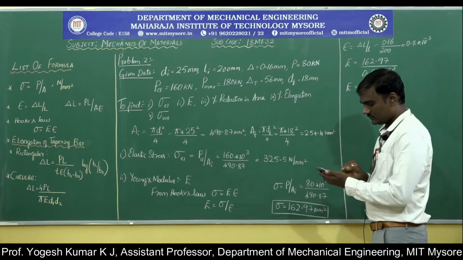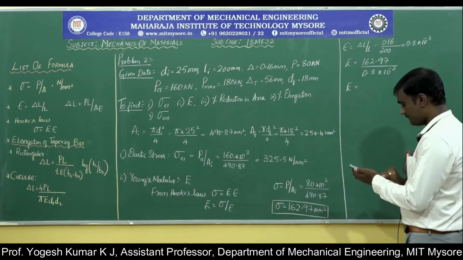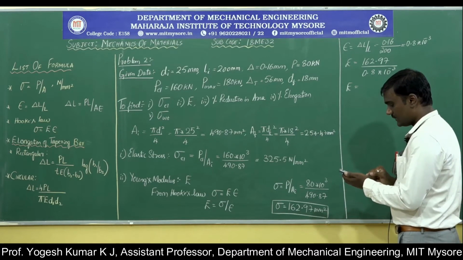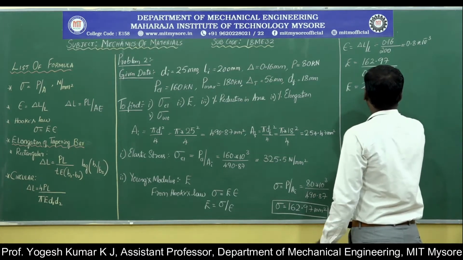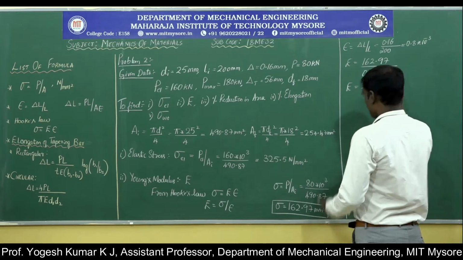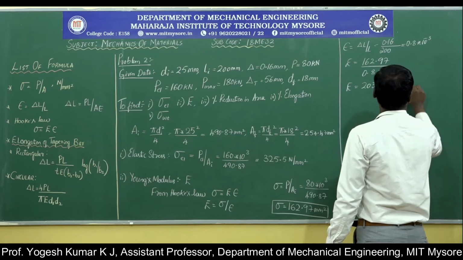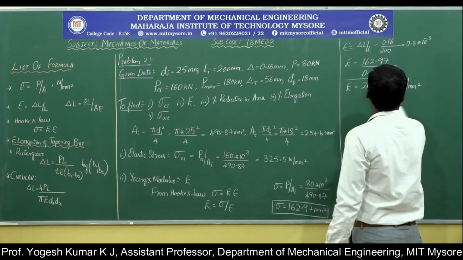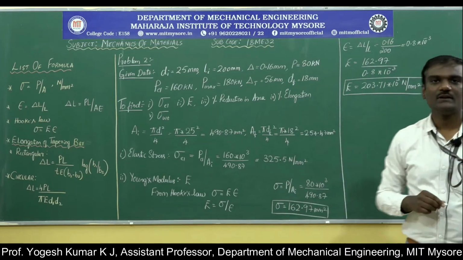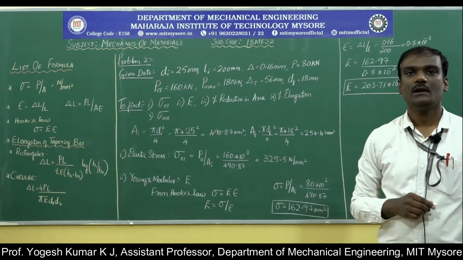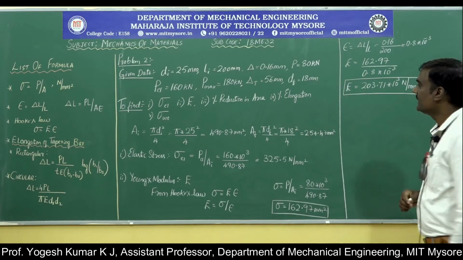On solving this, 162.97 divided by 0.8 into 10 power minus 3, we get the Young's modulus as 203.71 into 10 power 3 Newton per mm square. So, we found the Young's modulus or modulus of elasticity.